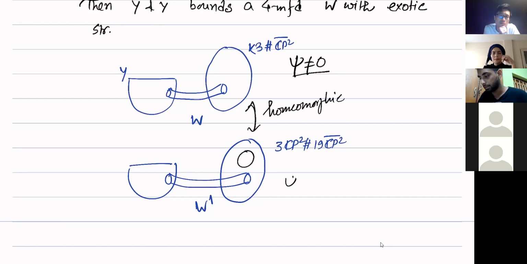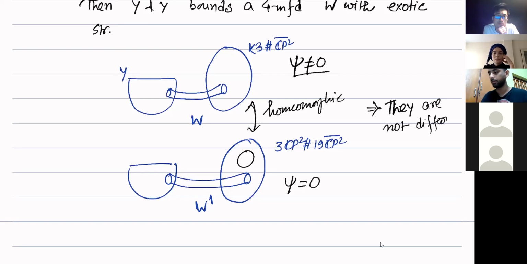And that's saying then that psi is trivial. So this implies it is exotic. So they are not diffeomorphic. Okay.